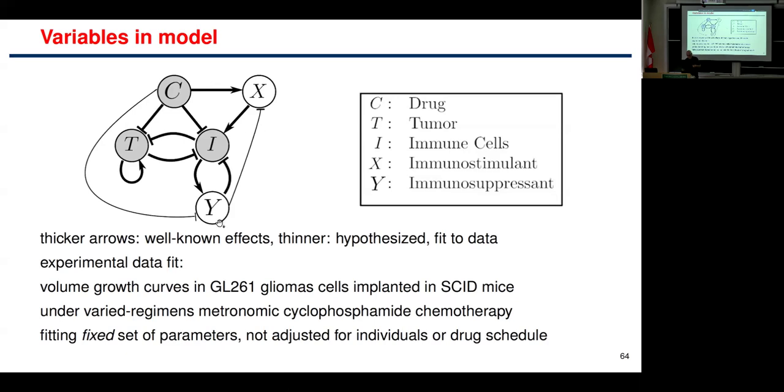I'm going to have two components, X and Y, one of which is immunosuppressive, one is immunostimulatory. And the data that was used is from in vivo experiments on mice. These are mice that have no adaptive immunity, but it kept the non-adaptive immunity in there.